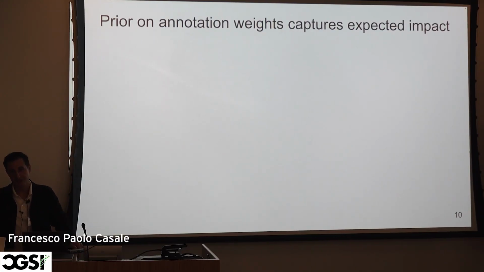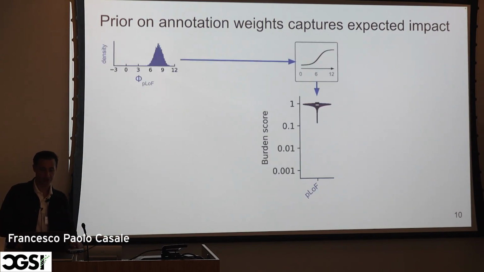In principle, this prior should capture our expected impact of these annotations. So for the putative loss of function, we set this prior here, which I think is best interpreted after we squash it through our sigmoid function. This corresponds to having a prior that individuals that carry one putative loss of function have a burden score very close to 1.